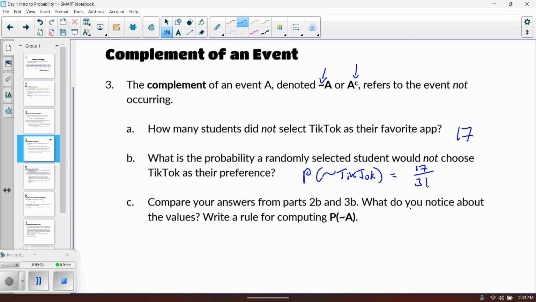So we're going to compare the answers from 2B and 3B and see if we can figure out anything that's kind of important. How are we going to write a rule for computing the probability of not A? I've already kind of said it.